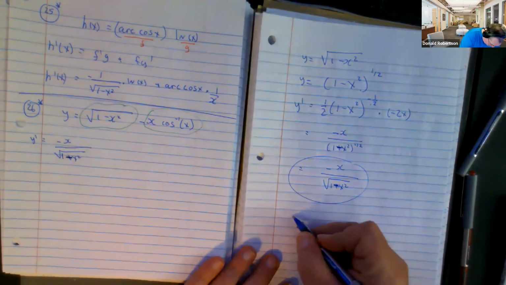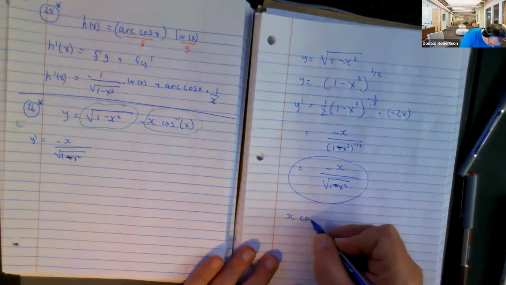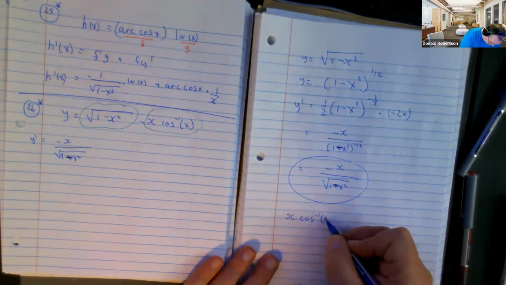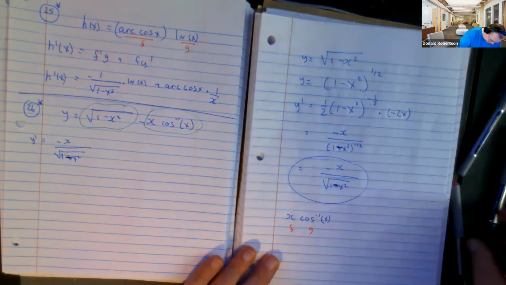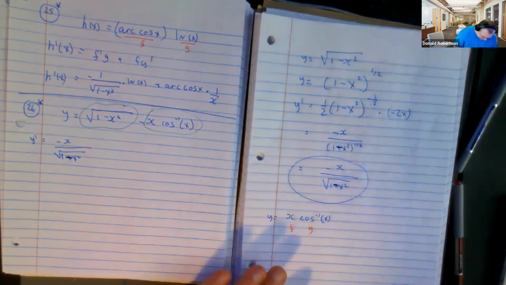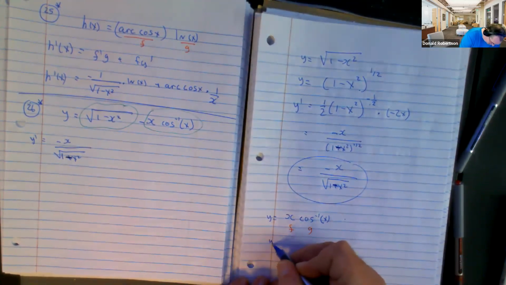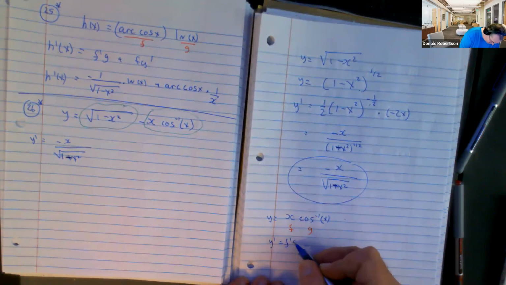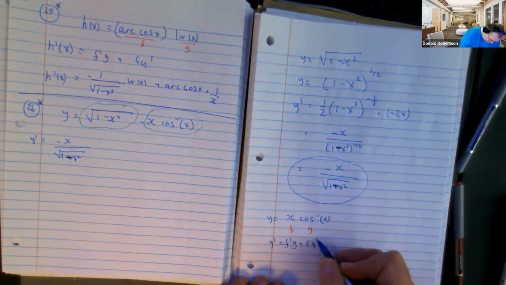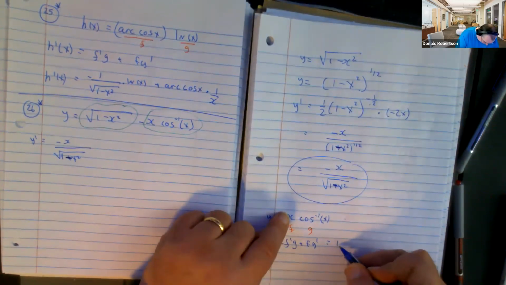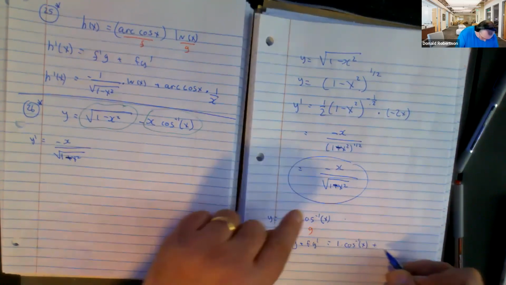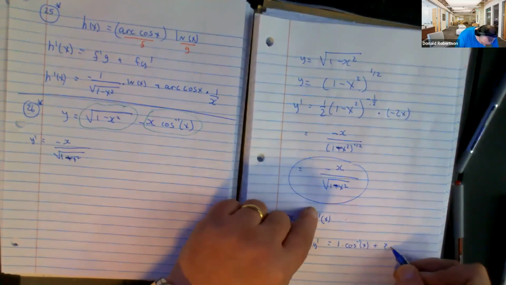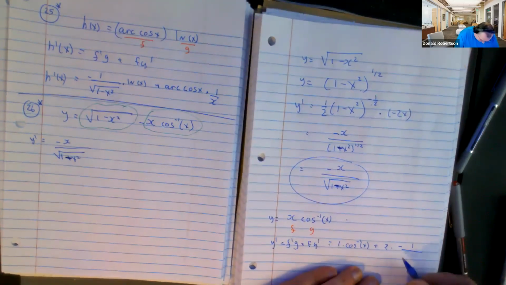Now the second one is an x inverse cosine of x. And if I want to differentiate that guy, it's going to be a product rule. Differentiate this guy, you get 1, leave that guy alone, plus leave this guy alone and differentiate that guy, you get -1 with that guy.